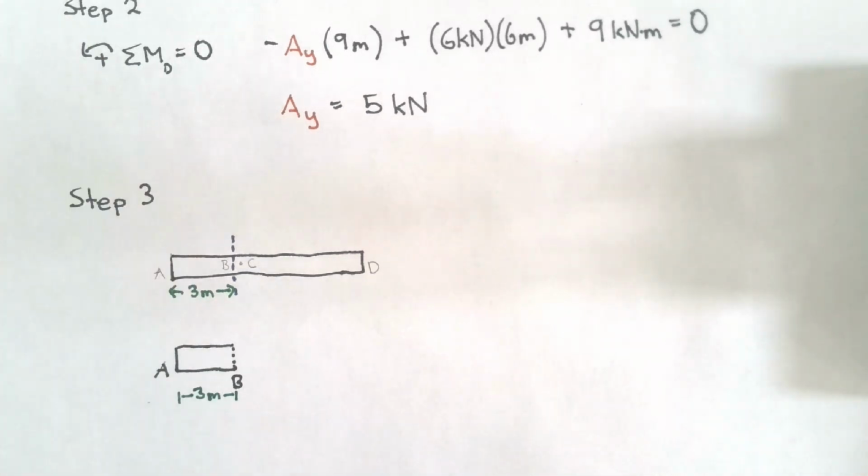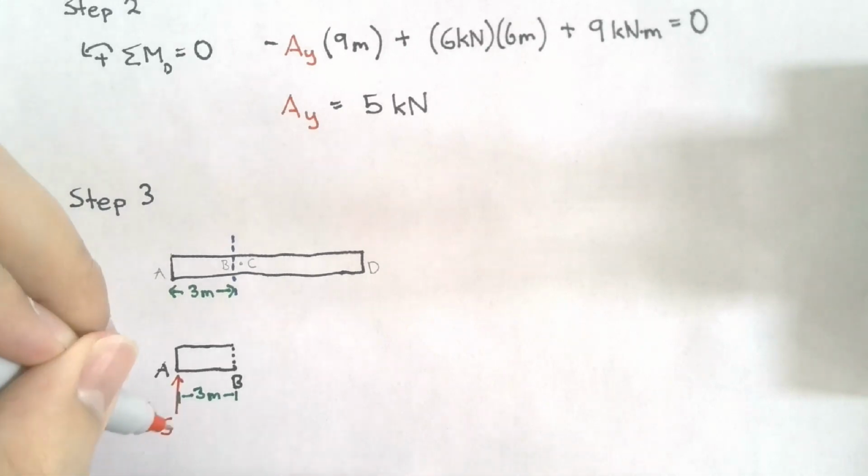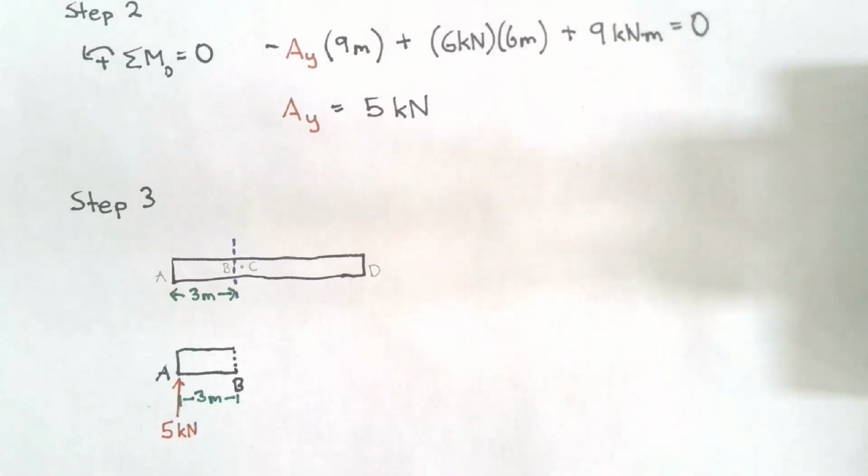From our free body diagram, we know that there is a reaction force of 5 kilonewtons acting at point A. But since point B is immediately to the left of the force, we don't really have any other forces acting on that section.